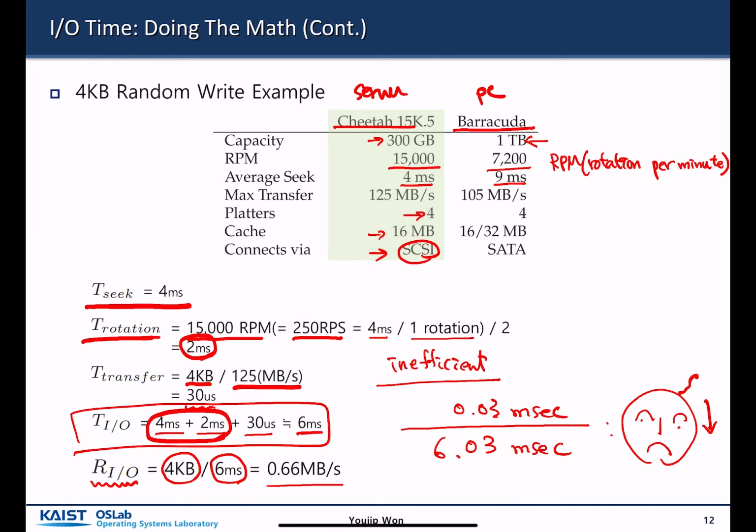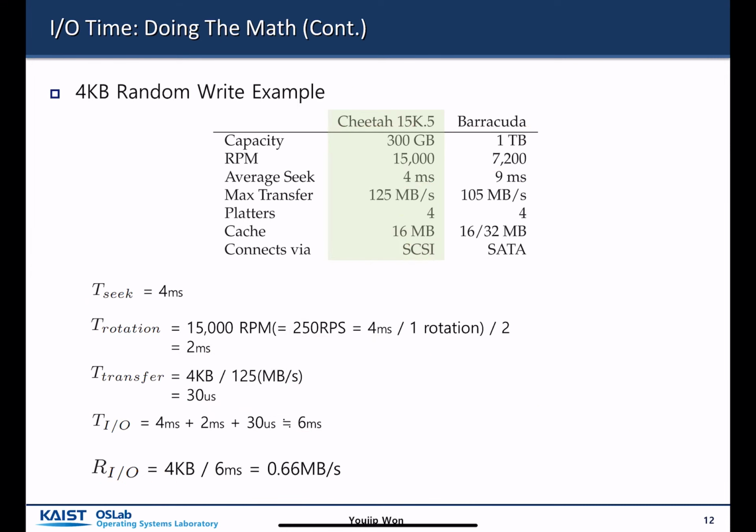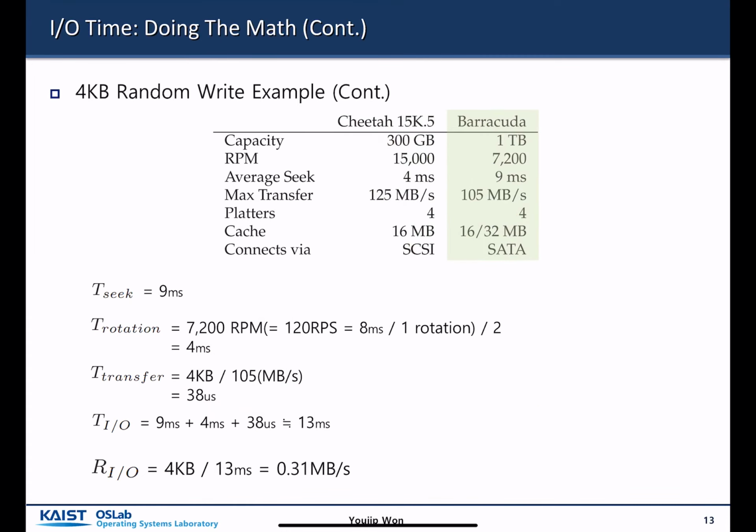Okay, let's move on to the next PC disk drive, the Barracuda. Here, the seek time is 9 milliseconds, and the rotational speed is 7200 RPM, so it takes 120 rotations per second. It corresponds to 8 milliseconds per rotation. If you divide it by 2, the average rotational delay is 4 milliseconds.